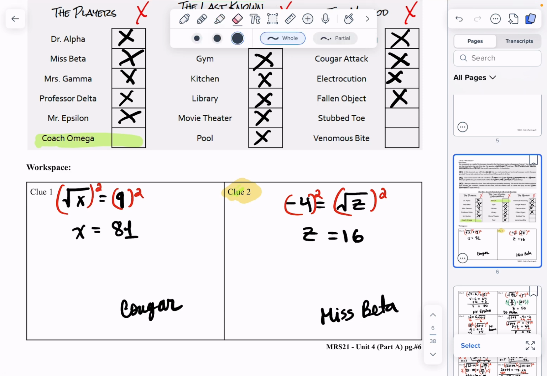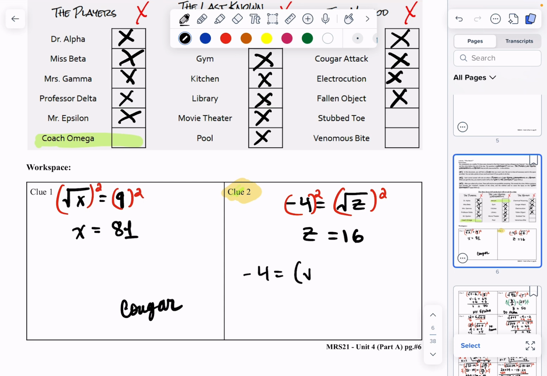Okay, so for clue number 2, if I go back and double check my answer, we have negative 4 is equal to radical 16. So when we take the square root of 16, the answer is actually 4. I know we're used to saying plus or minus, but when it comes to doing the check, you will always be taking the positive answer.